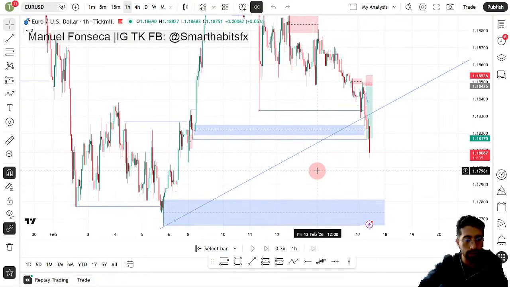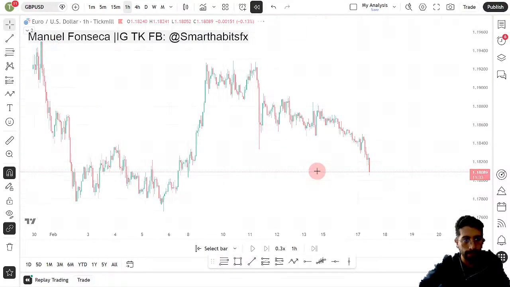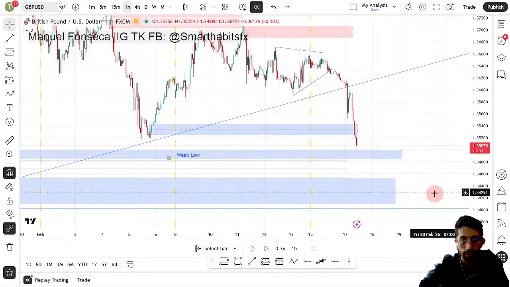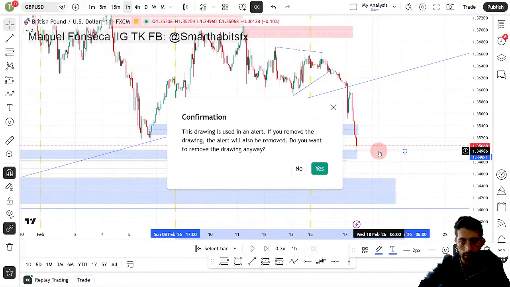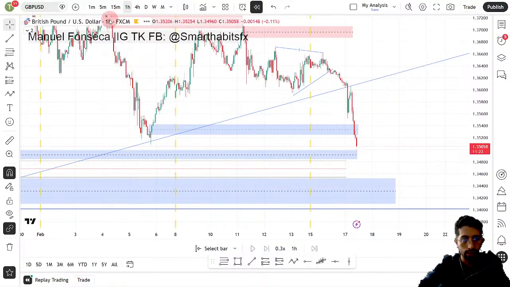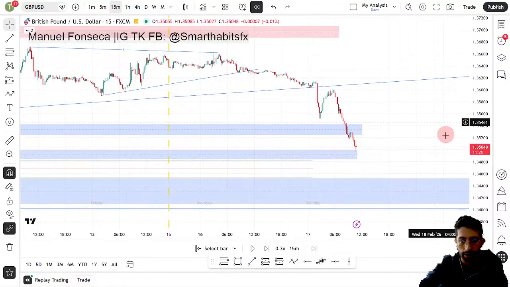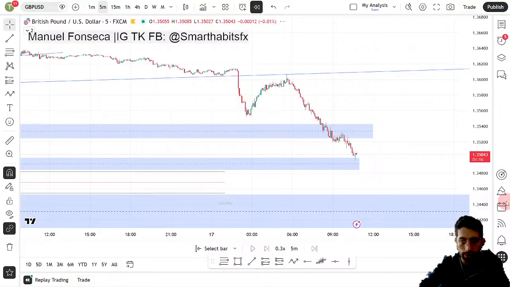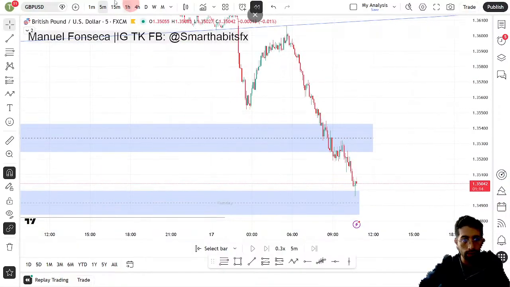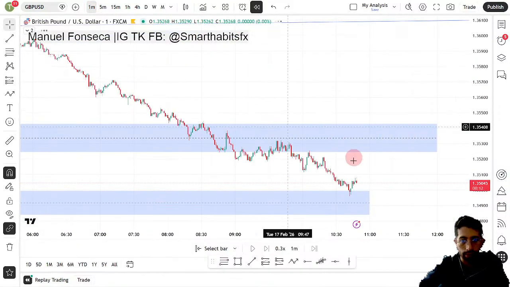So look, this is the Euro USD, and in the GBP USD, look, I'm waiting for the price to get to this zone, and here I would like to see a confirmation. So I will wait for a 5 minutes confirmation, or even a 1 hour confirmation pattern.